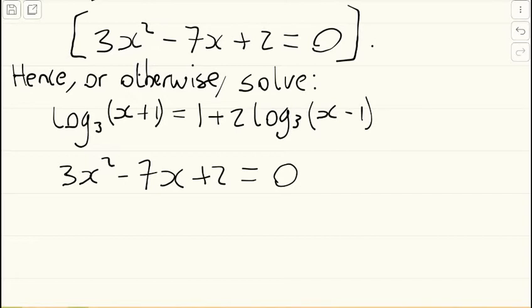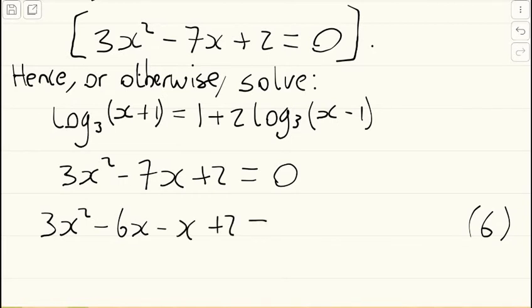So let's solve it. I believe we can factorize this one. 3 multiplied by 2 gives you 6. Two numbers that multiply to give you positive 6, but add to give minus 7. That's going to be minus 6 and minus 1. So I get 3x squared minus 6x minus x plus 2, which equals 0.